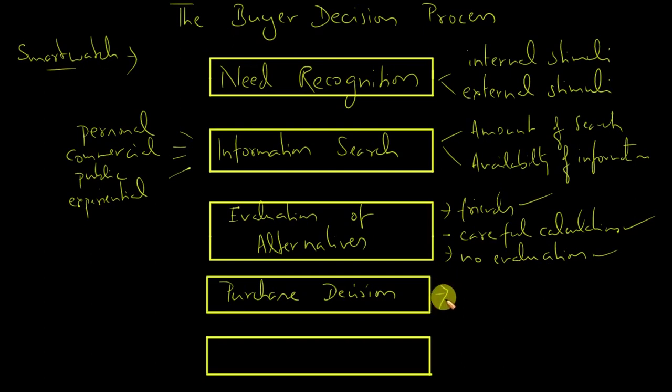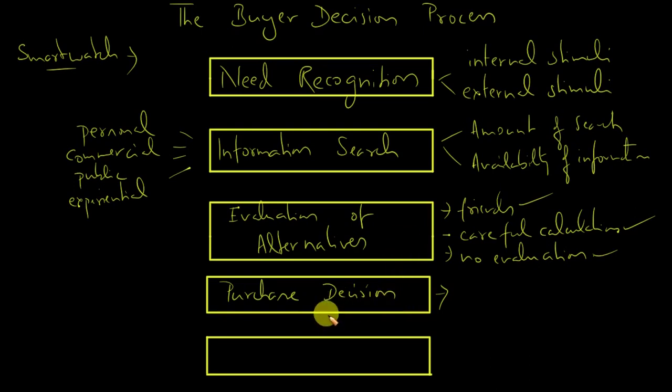Now there is a slight difference between the purchase intention here at this stage and the purchase decision here. Things can go very different from this stage of purchase intention to purchase decision. Let's say economic downturn happens and the prices increase and the customer does not have much budget to buy a smartwatch now. So this kind of change might happen between these two stages.